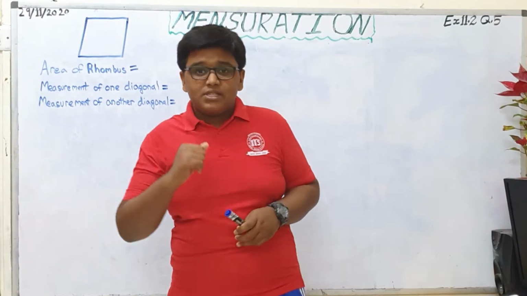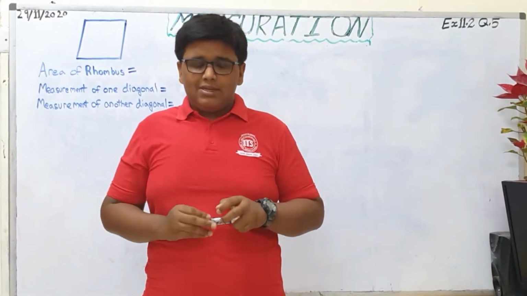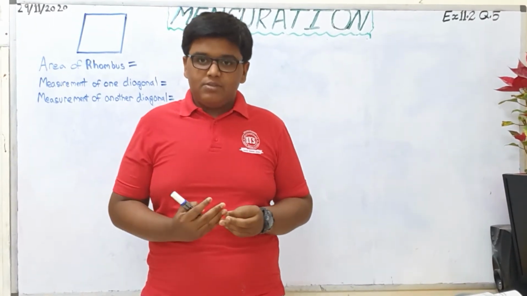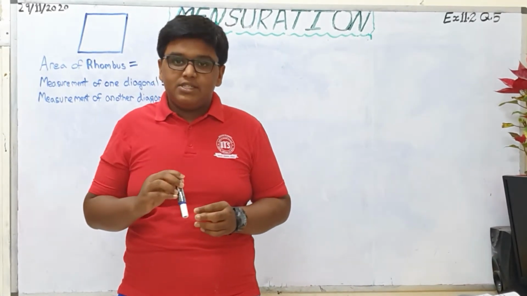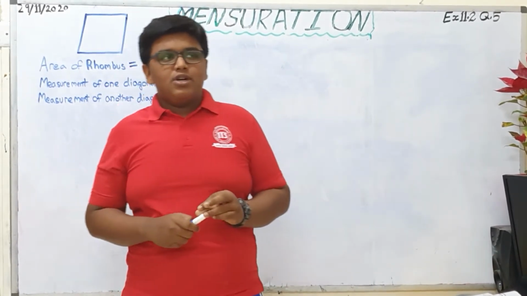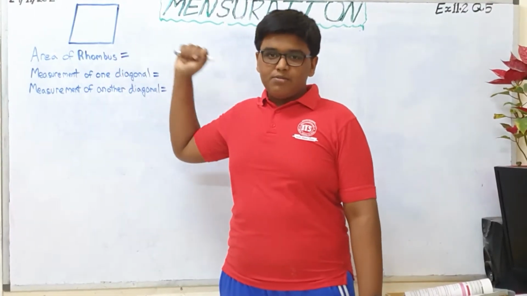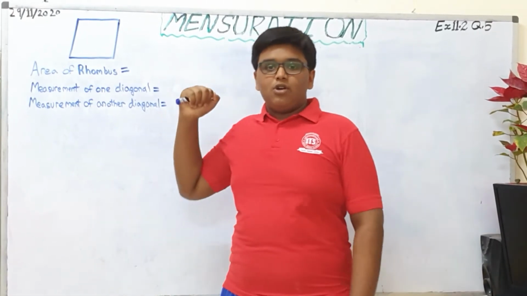A rhombus is like a parallelogram and has equal sides. A rhombus is a parallelogram with sides of equal length.